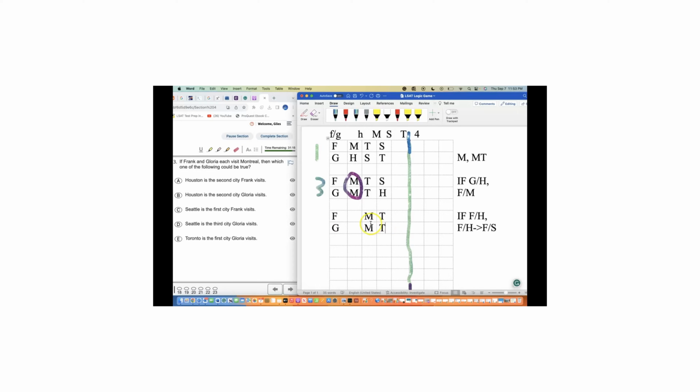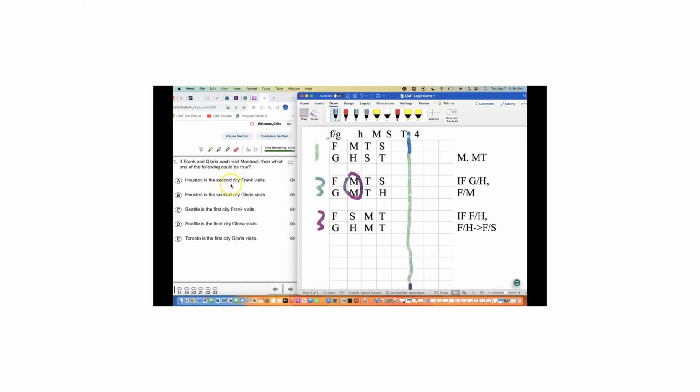And with that being done, I can put Gloria visiting Houston and Frank visiting Montrose, and also I can put the Seattle in here. And now these 2 game pieces are going to be for question 3.